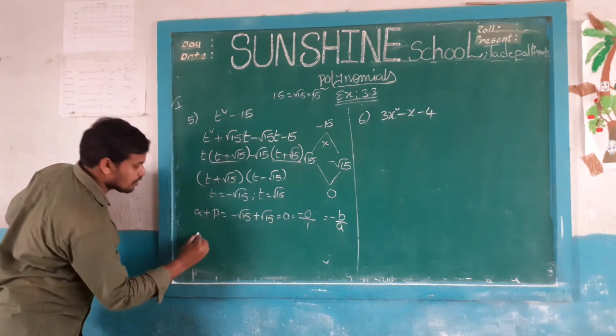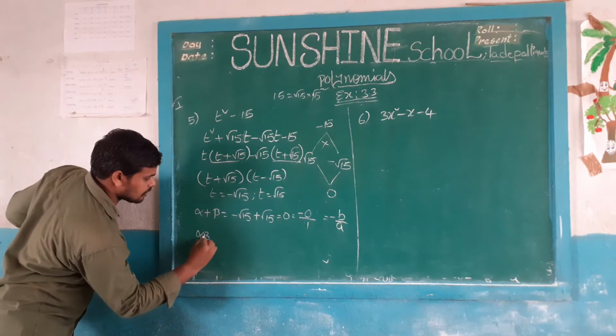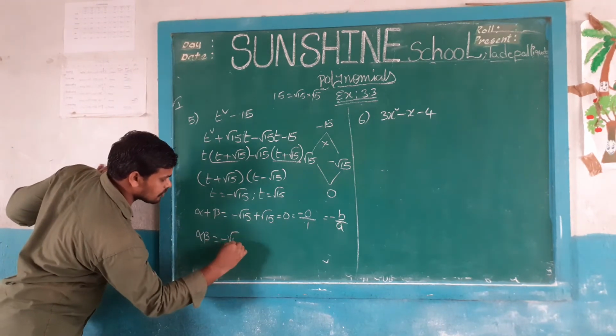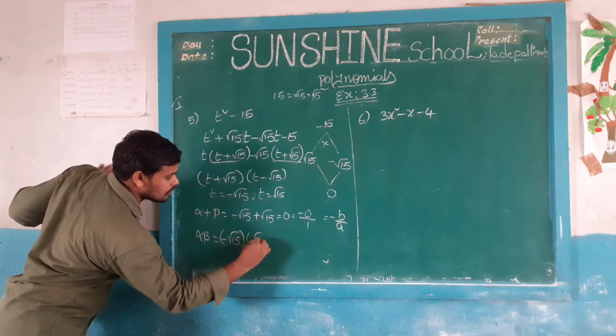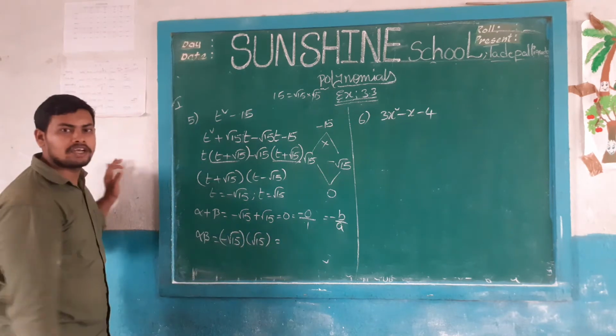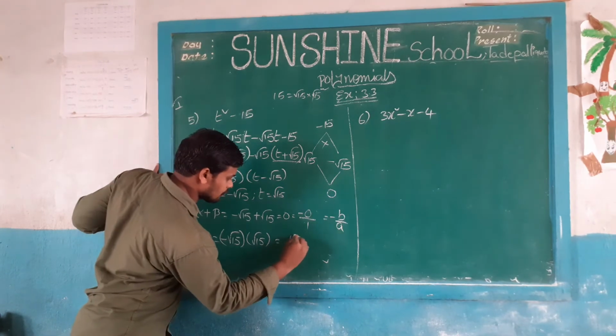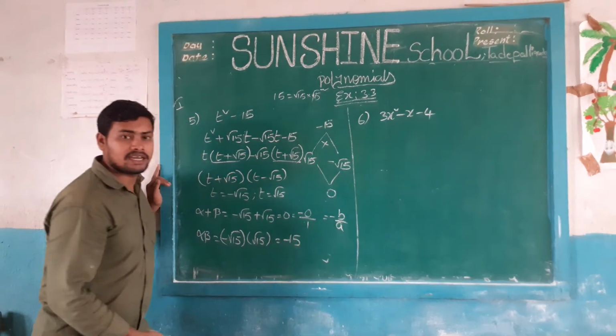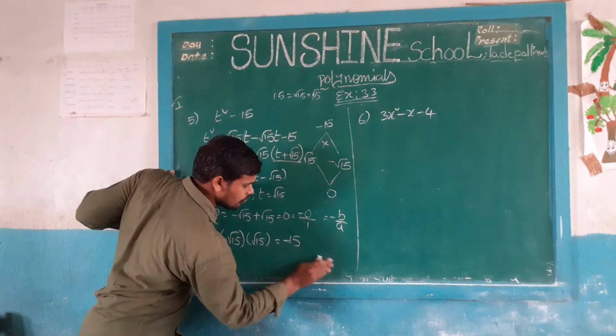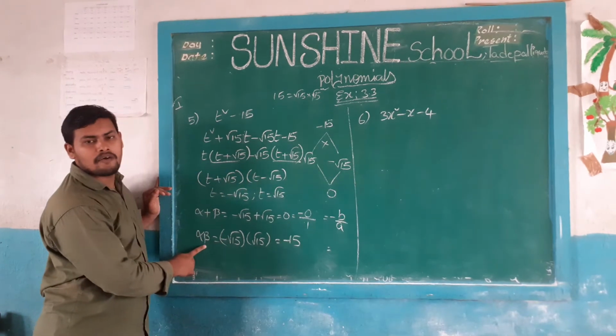So verify it. Alpha beta: alpha value is minus root 15 and beta value is root 15. Root 15 into root 15 is 15, minus into plus gives minus.